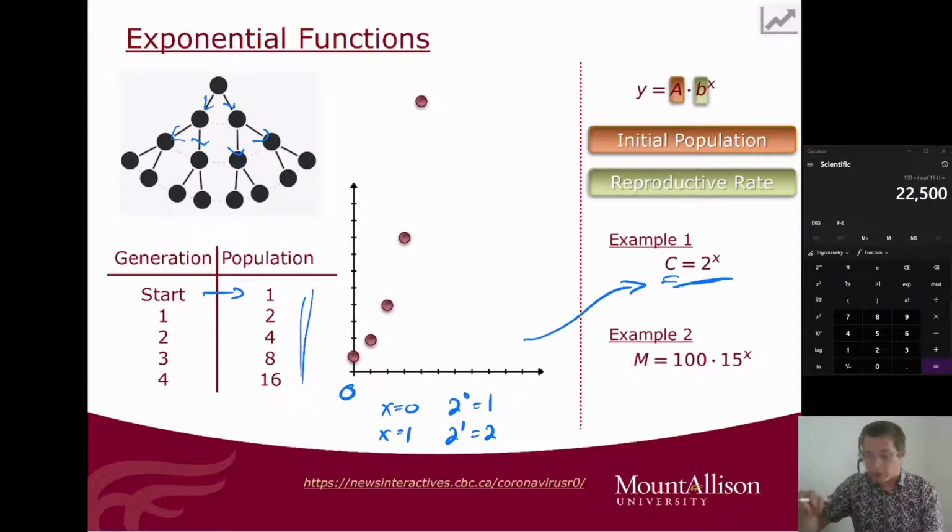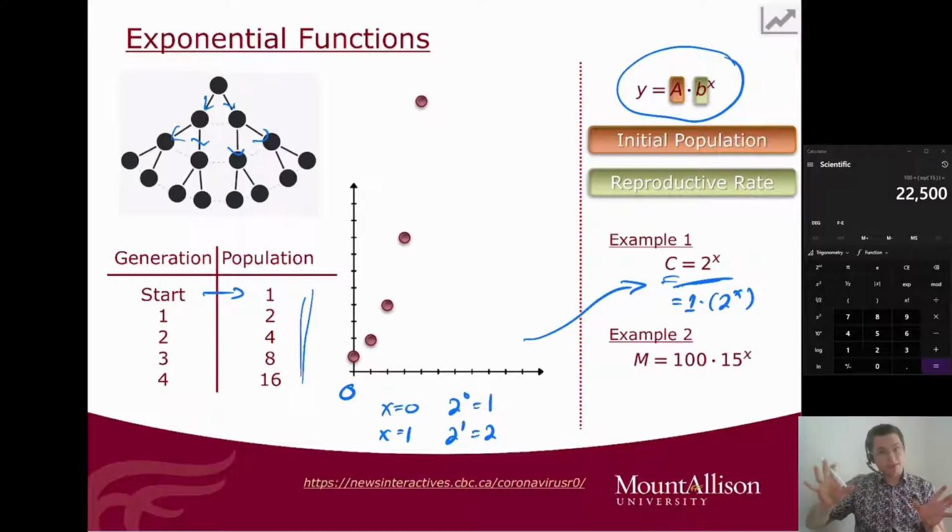Now, what I've left out here is that there is a number that's multiplying this 2 to the x. I can rewrite this as 1 multiplied by 2 to the x. And that 1 is giving me my initial population. So the general form would be up here, where the number that I'm multiplying by, which I've labeled as capital A, doesn't matter what you label it as, is often the population at x equal to 0.